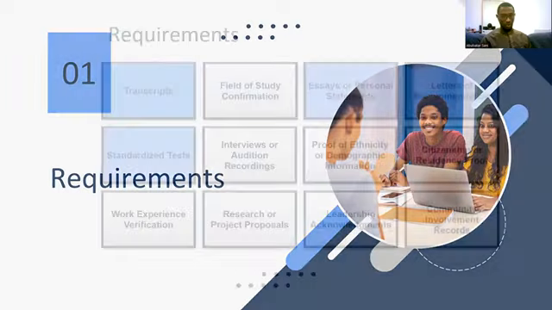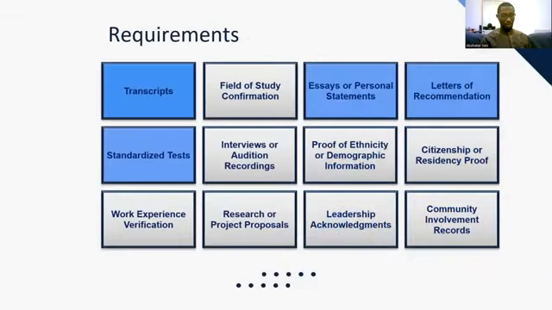So, starting with the requirements. If you want to apply for a scholarship, you should know that there are requirements, and those requirements are expected of you to fulfill. Whenever there is a requirement, you should fulfill those requirements. Some of those requirements are listed here, and these are the most important requirements that you commonly come across when applying for a scholarship.